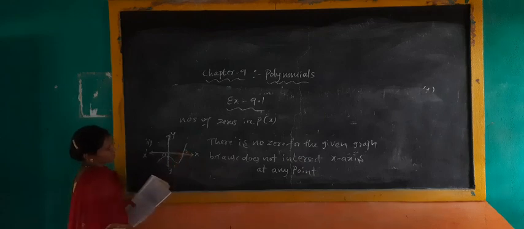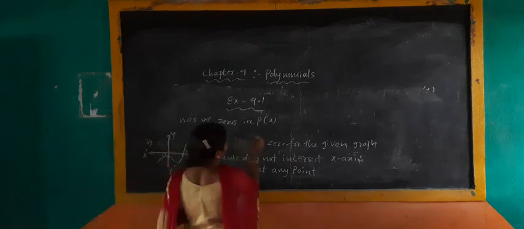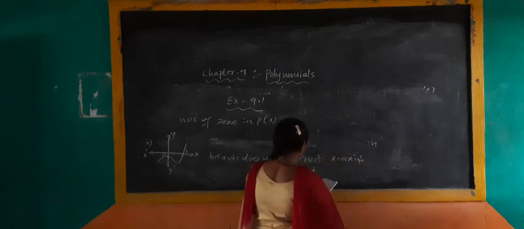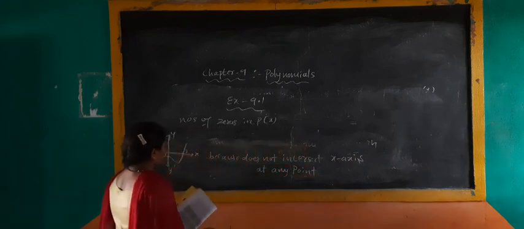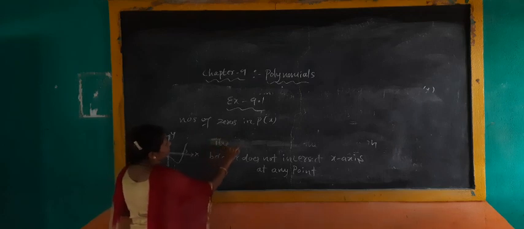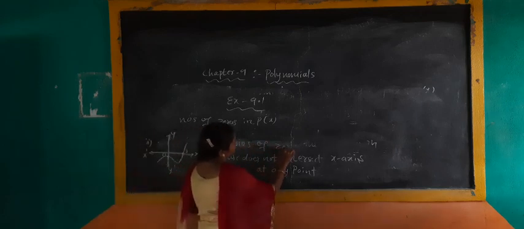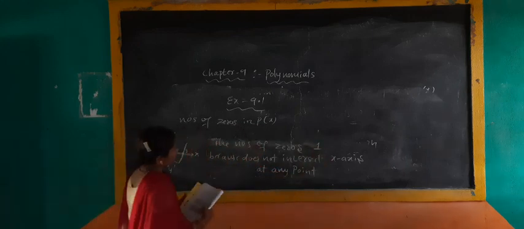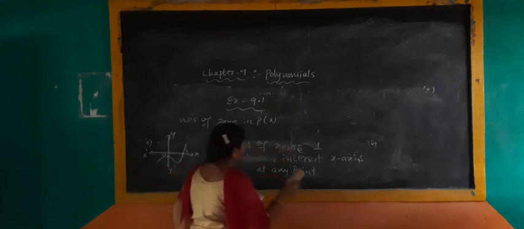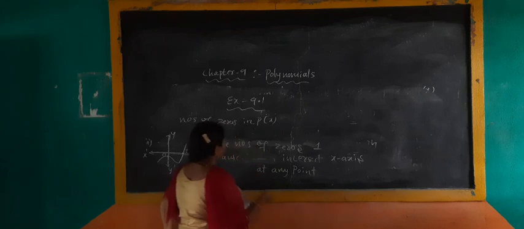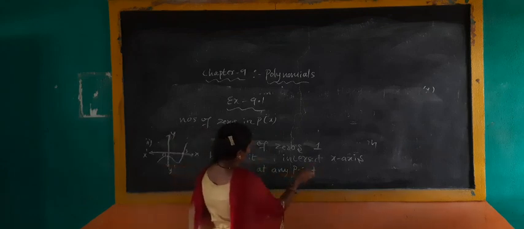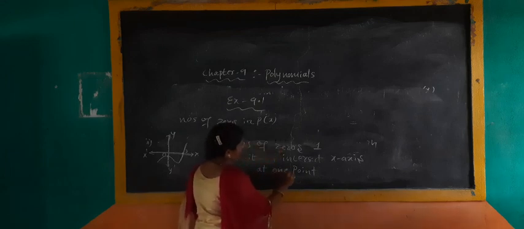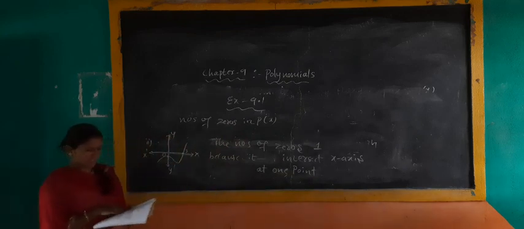Write down the number of zeros here is 1, because it intersects the x-axis at one point. Okay, understood? Next, third diagram you see.